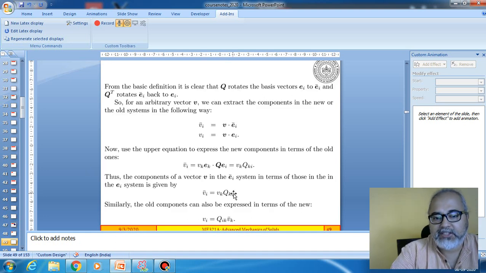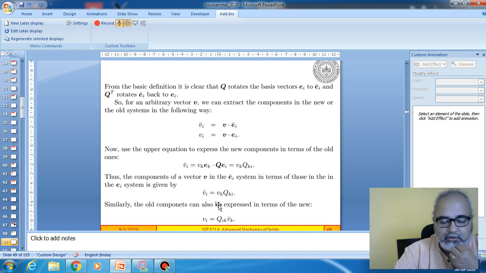For example, this is the transformation rule for a first order tensor or a vector. As I said, the vector itself doesn't care about the coordinate system that you have chosen to describe it. If you know the components of a vector in one coordinate system, you have this rule to get the components in a new rotated coordinate system.